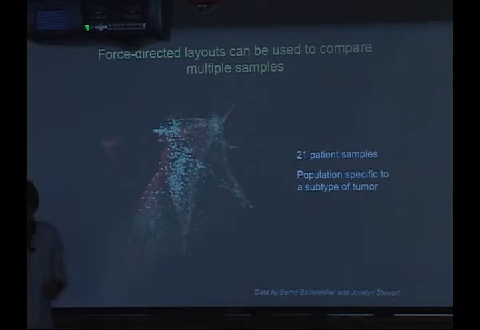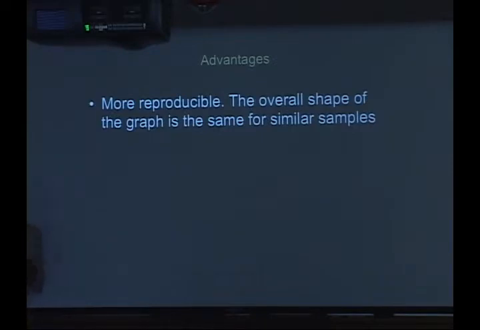Yeah. So the advantage of this whole effort is that the overall shape of the graph is the same for similar samples, which means that since there are multiple connections for each node, even if your different biological replicate has a connectivity that is a little bit different, it will still end up in a similar shape.